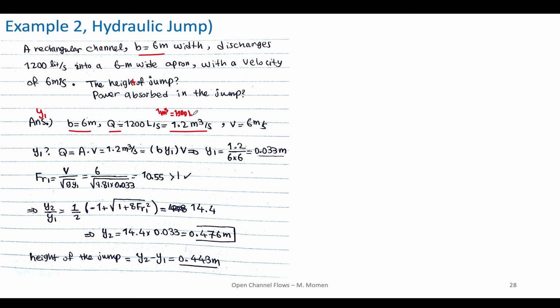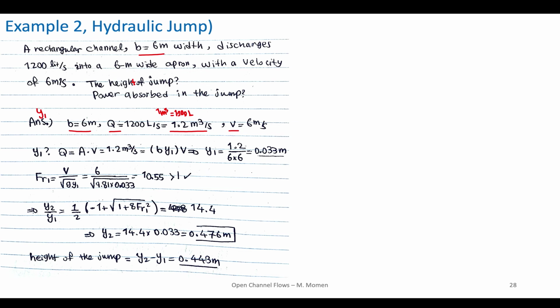Okay, and V equals 6 meter per second. So these are the givens in the problem. I want to find first Y1 and then the Froude number and then use that relation.